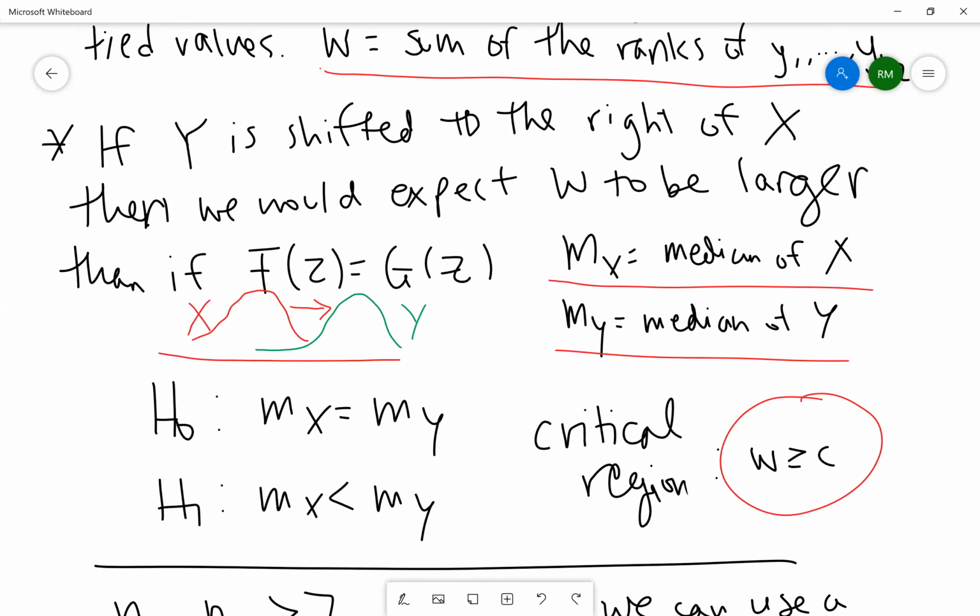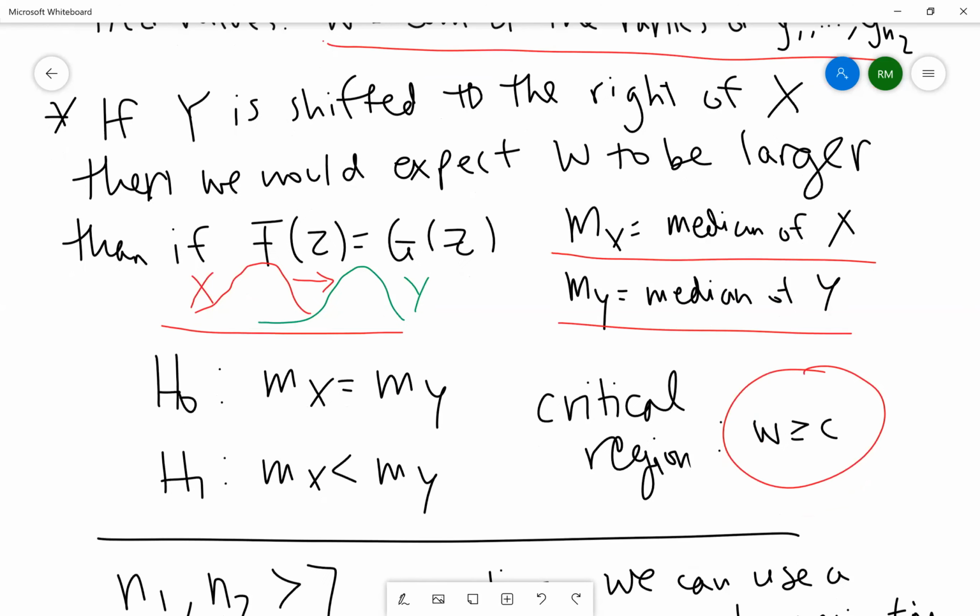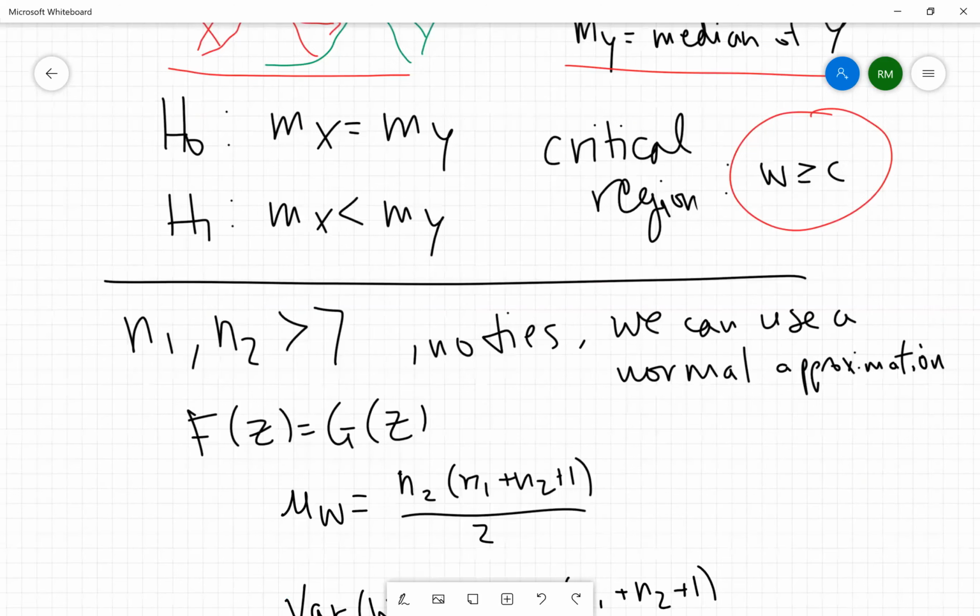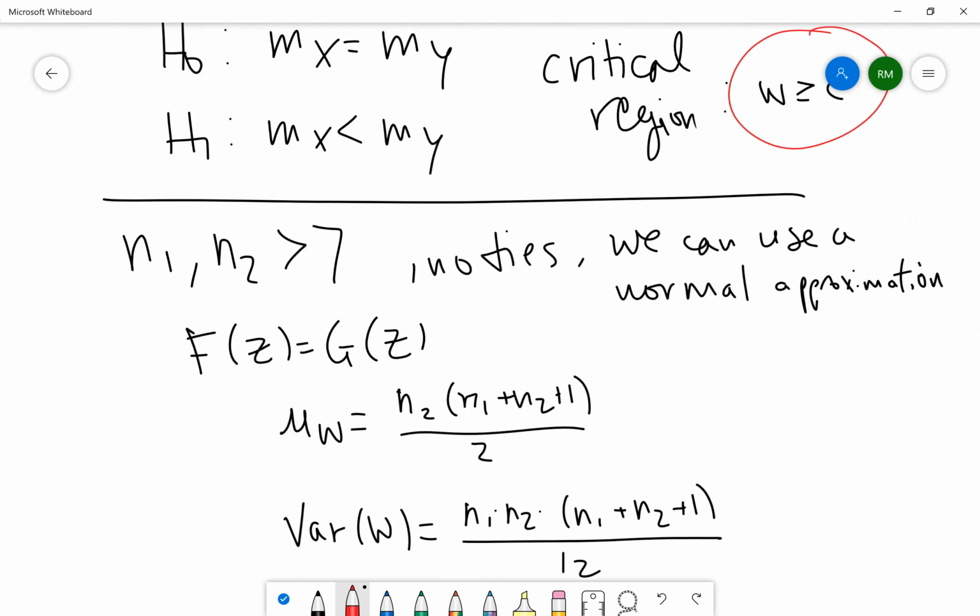So in order to do that, we're not going to go through the derivation. It's kind of complicated, but if our samples both have size at least 7, and there are no ties, we can actually use a normal approximation to figure out how big W should be before we reject.